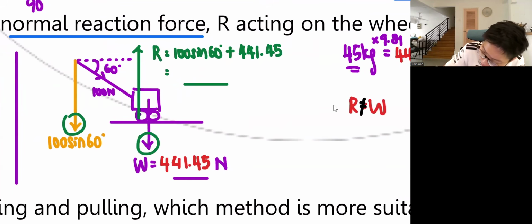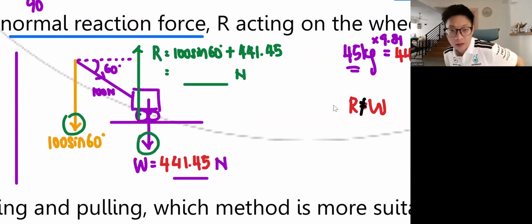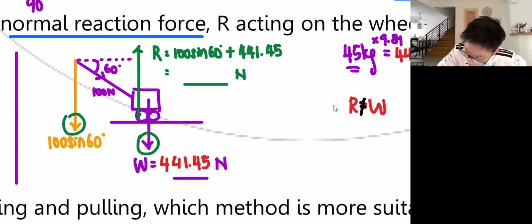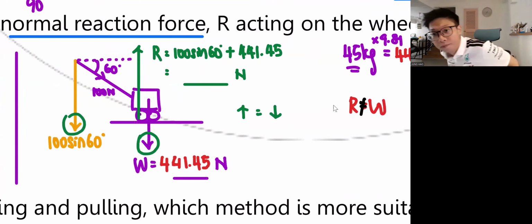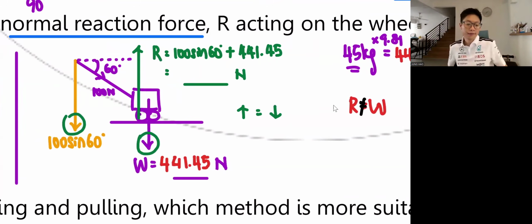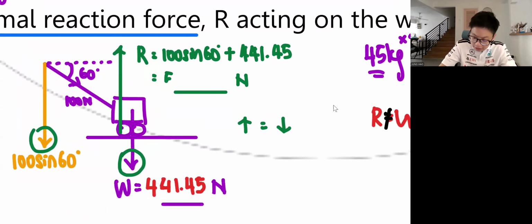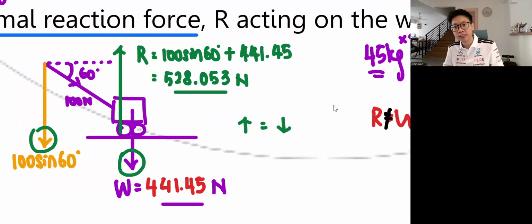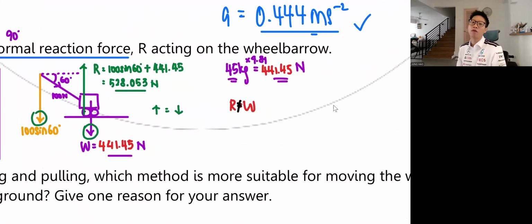That will be your reaction force, because your total upward force has to be equal to whatever goes down to balance it. So 100 sine 60 plus 441.5, we get 528.053 Newton. Okay, guys, am I correct? So therefore, this is the reaction force.